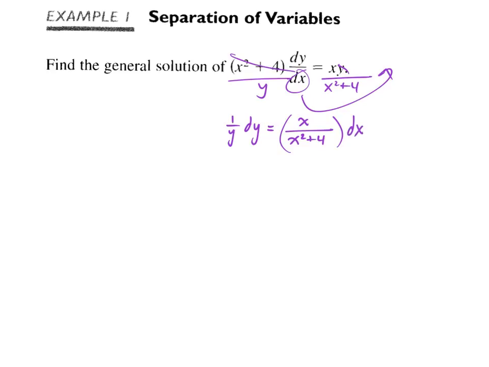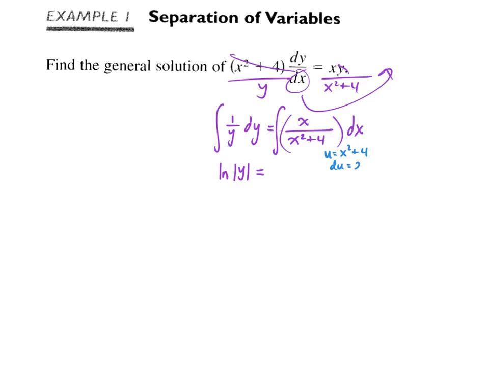Right? All right, so if I integrate each side, ln of y. And then you have to use a u for this one. Yeah, you can use a u here. So u is equal to x squared plus 4.